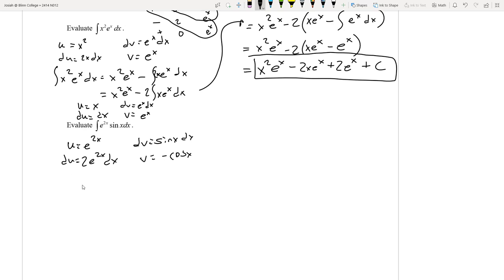All right, so we've got our integral here that we started with equals u times v minus the integral v du. And I have a negative here and a negative here, I'll just cancel those out. And I'll go ahead and take out that 2 from my integral.